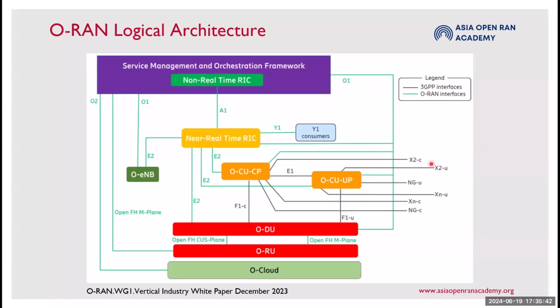Okay, what interfaces are new here are the O-RAN interfaces because these are the new logical components of the O-RAN architecture. That's why meron tayong bagong O-RAN interfaces. Okay? Ayan.